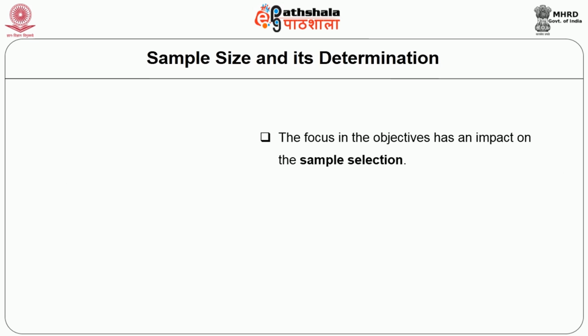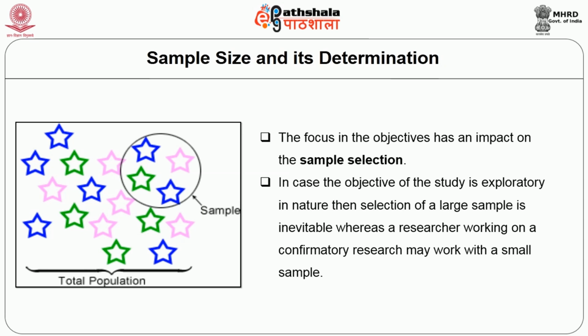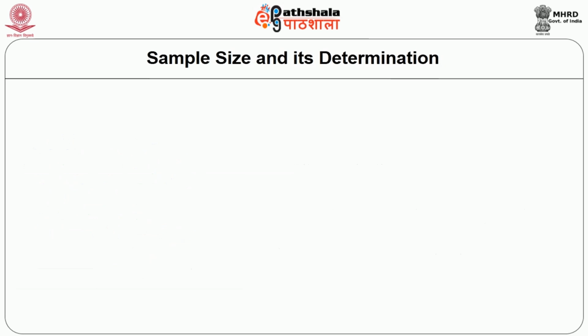The focus in the objectives has an impact on the sample selection too. In case the objective of the study is exploratory in nature, then selection of a large sample is inevitable, whereas the researcher working on a confirmatory research may work with a small sample too.